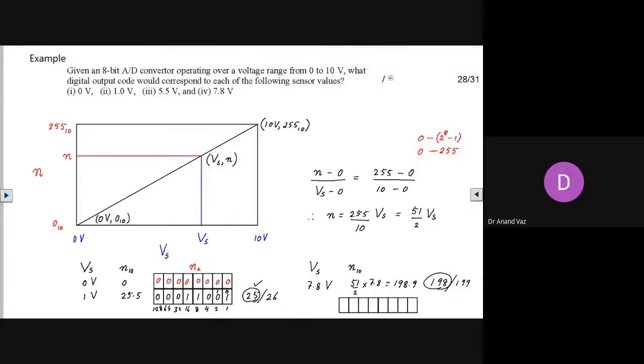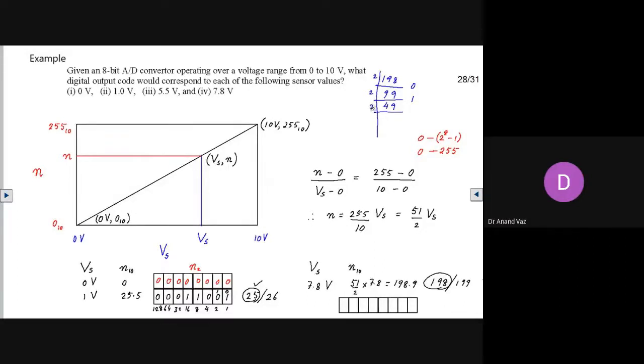So 198, you divide it by 2. 2 9s are 18. Remainder is 0. Then again divide by 2. We get 2 4s are 8 and 2 9s are 18. Remainder is 1. Then again divide by 2.